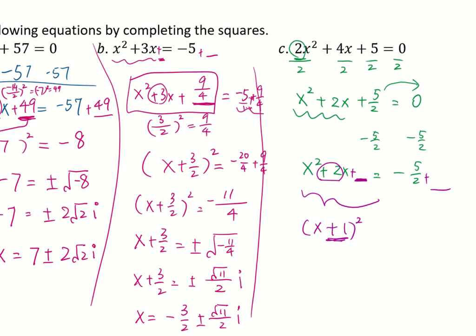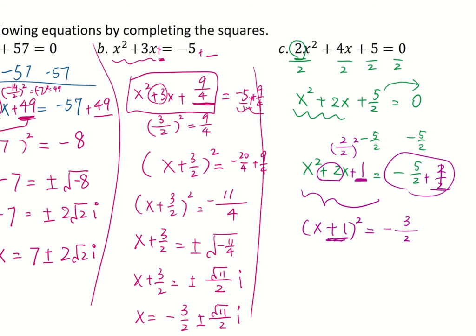It is this 2 divided by 2 and squared. So it's 1 squared, which is 1. You need to add 1 on both sides. So (x + 1) squared equals, let's add up these two numbers. 1, if you turn it into a fraction with 2 as the denominator, it's 2 over 2. So that's negative 3 over 2.